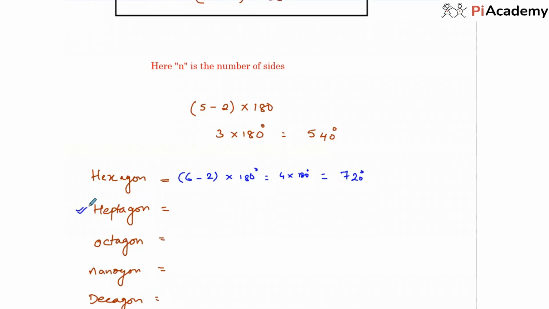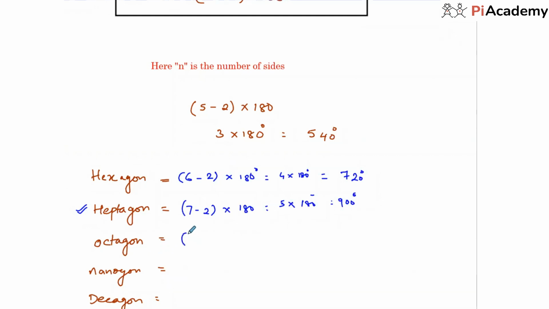Heptagon. 900 degrees. Okay, 7 minus 2 times 180, which is 5 times 180 degrees, which is 900. Is it correct, guys? Yes. Wonderful.